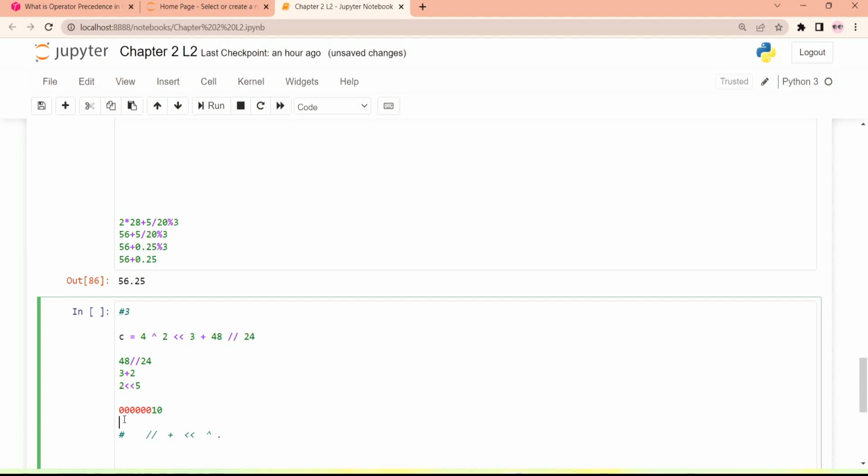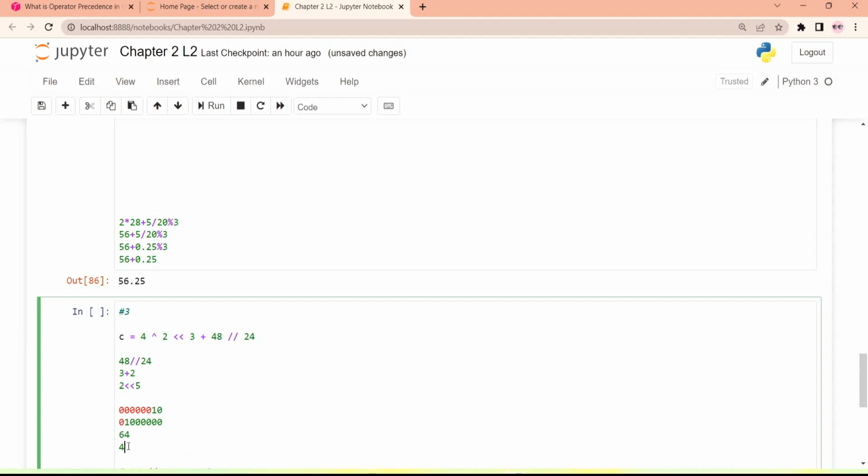So the result will be 0, 1, 0, 0, 0, 0, 0, 0. The value of this binary number is 64. So the result we get is 64. Now this 64 is XORed with 4. It is not to the power, it is XOR.